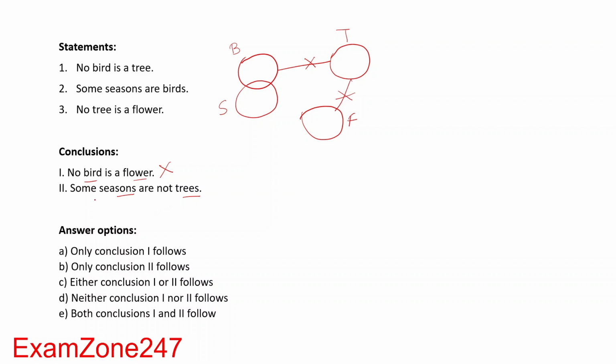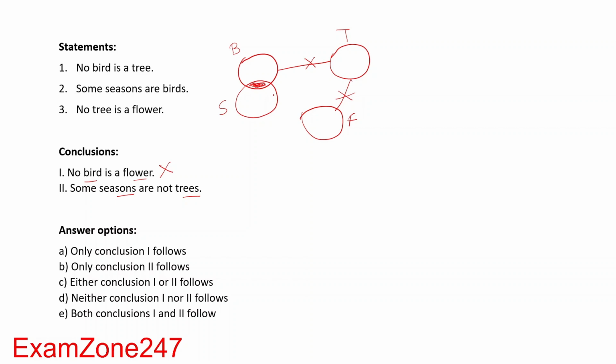Now let us see the second one. Some seasons are not trees. They are telling there are some seasons which are not trees. If there are some seasons which are birds, which will be this area, and birds are completely separated from trees, then those seasons which are inside birds cannot be trees.